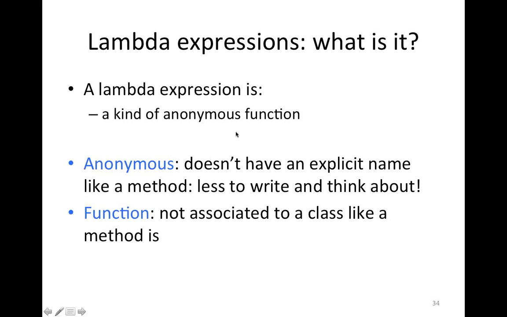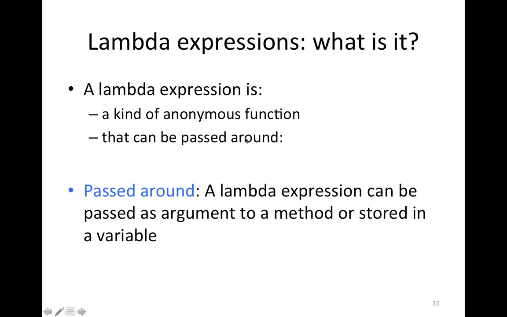And the reason why we call them functions is because a lambda expression is not associated to a class like a method is. They can live on their own. So that's why we call them functions. The second part of the definition was that a lambda expression can be passed around. What does this mean? Well, it means that a lambda expression can be passed as an argument to another method or stored inside a variable, just like an integer or an object.